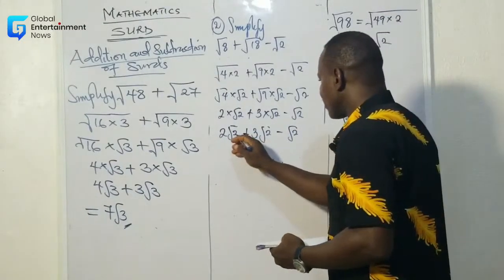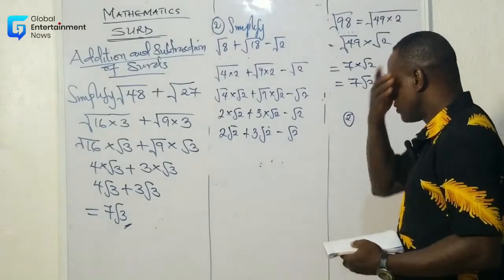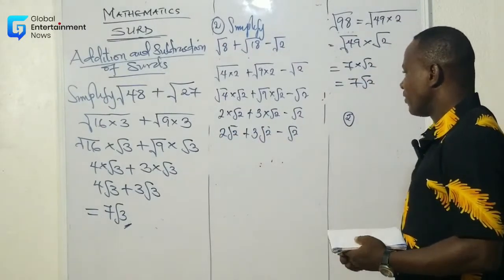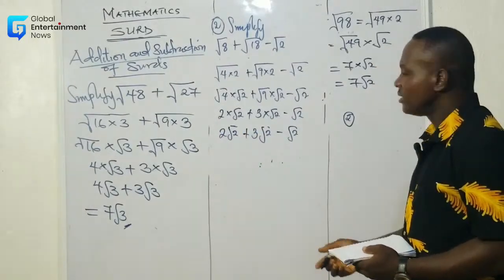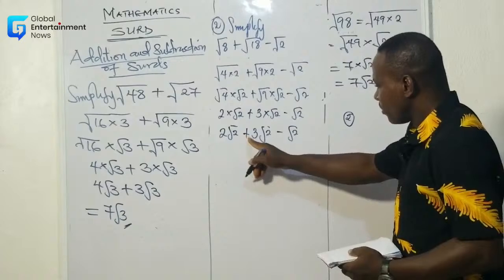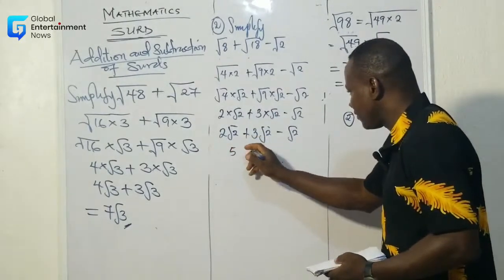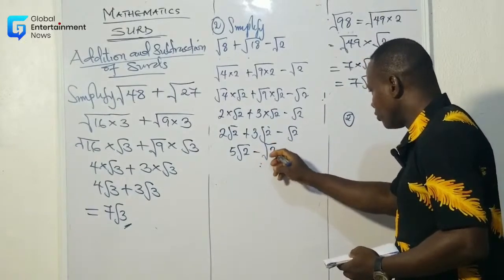Let's express this operation. So what do we have? We have root 2 and root 2. First and foremost, let's first deal with the addition. 2 root 2 plus 3 root 2 is 5 root 2, minus root 2.